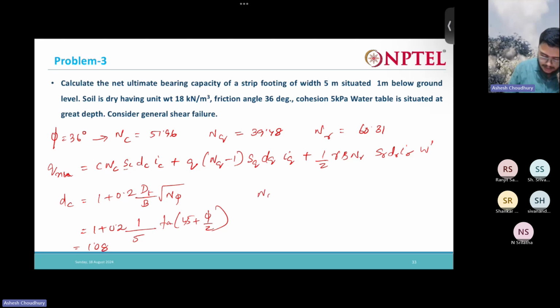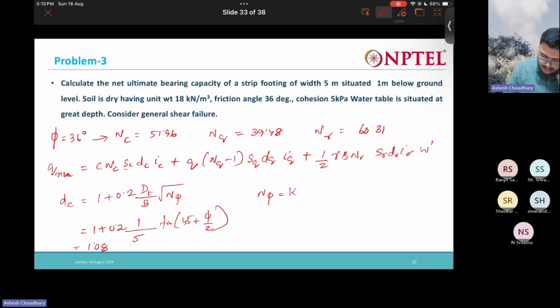So NQ is nothing but KP. Now what is DQ and D gamma? 1 plus 0.1 D by B root over N phi.